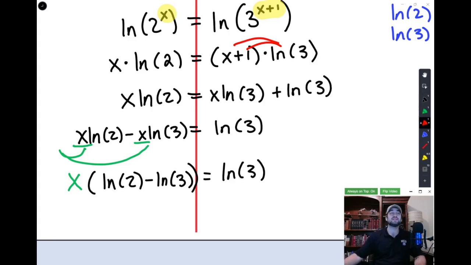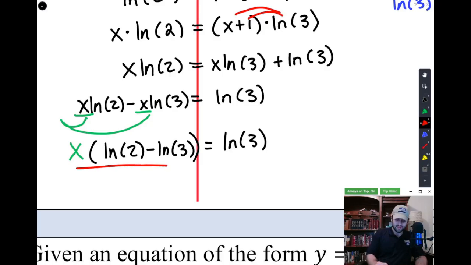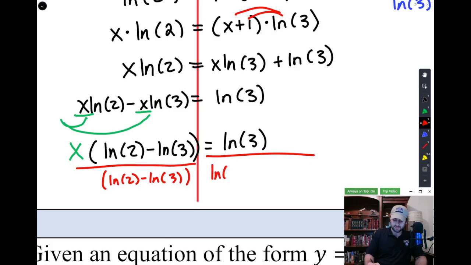And so you've got one step left to get x completely by itself, and that's to divide by that big old parenthesis set. So I'm going to divide by the natural log of 2 minus the natural log of 3. And what you do to one side, you have to do to both sides.